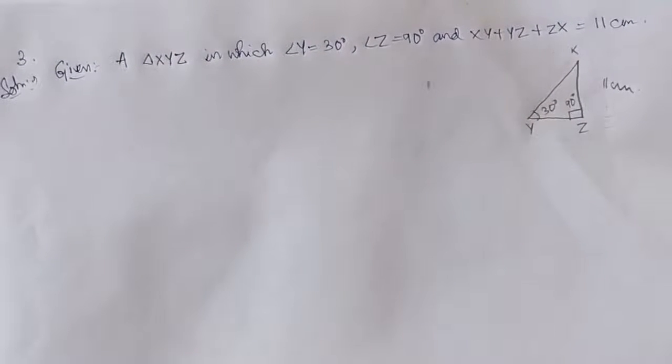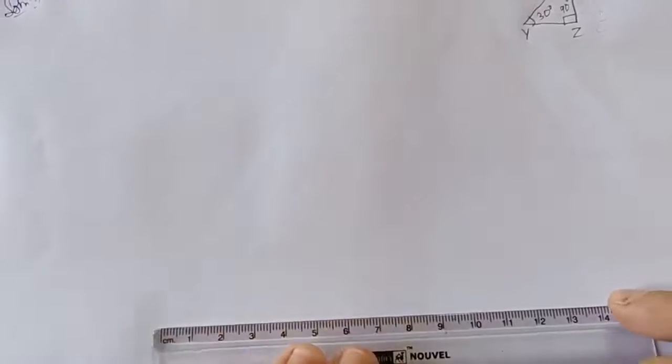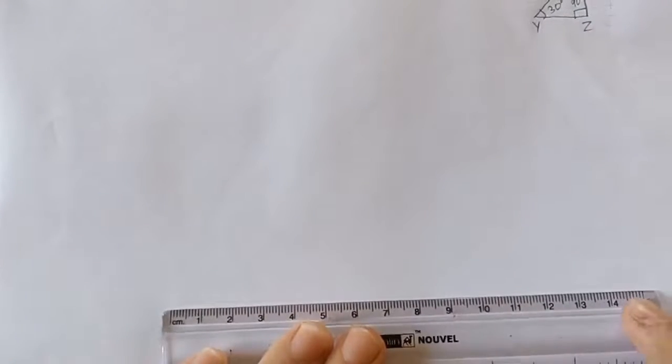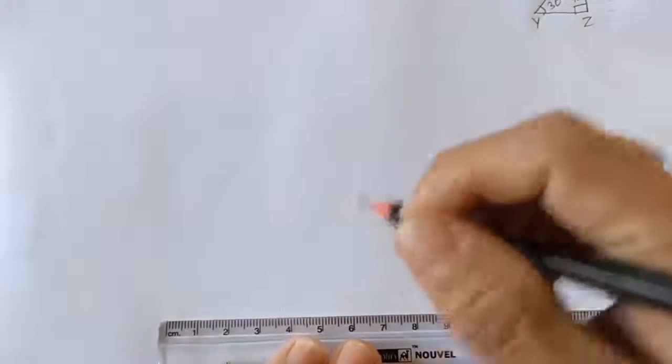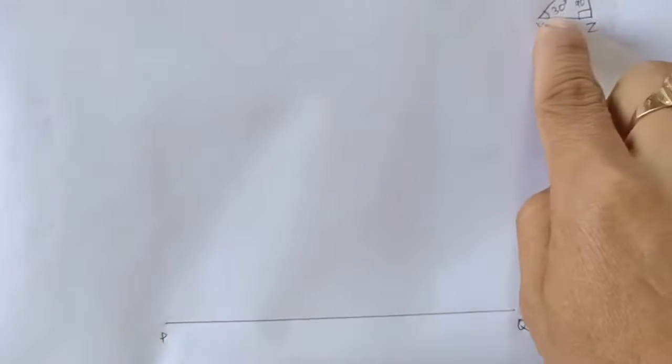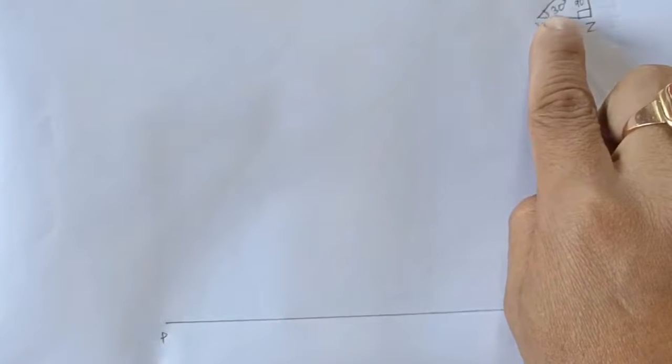So to construct such type of triangle, let us first draw a line segment PQ measuring 11 centimeters. Now at P we are going to draw an angle of measure 30 degree.